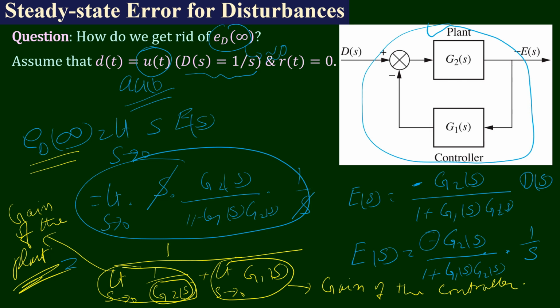And this type of disturbance, step type of disturbance, occurs in many situations in control systems, like in a room. If you consider your set point is 25 degrees centigrade and the room temperature was fixed on this, and someone came and opened the door. Whenever the door is opened, first the temperature of the room will increase if the outside temperature is greater than 25 degrees centigrade, and then with some time, because of the presence of the controller, the temperature will come back to 25 degrees centigrade.